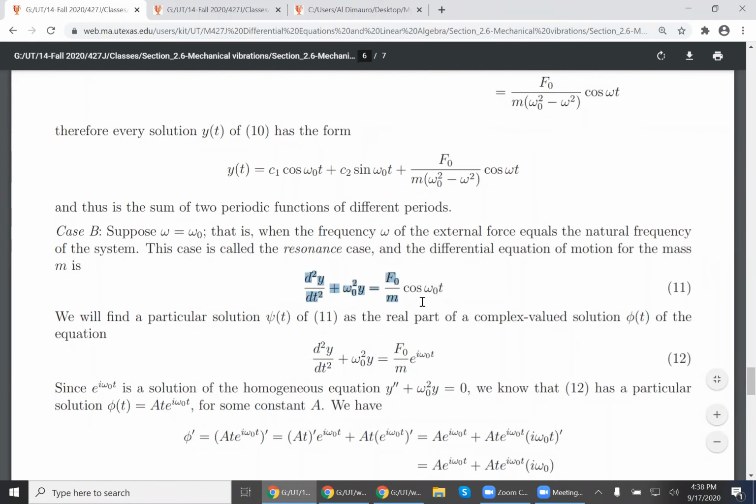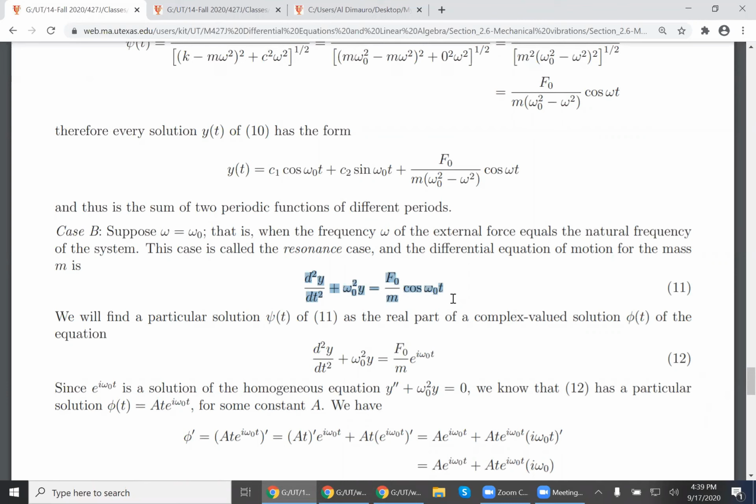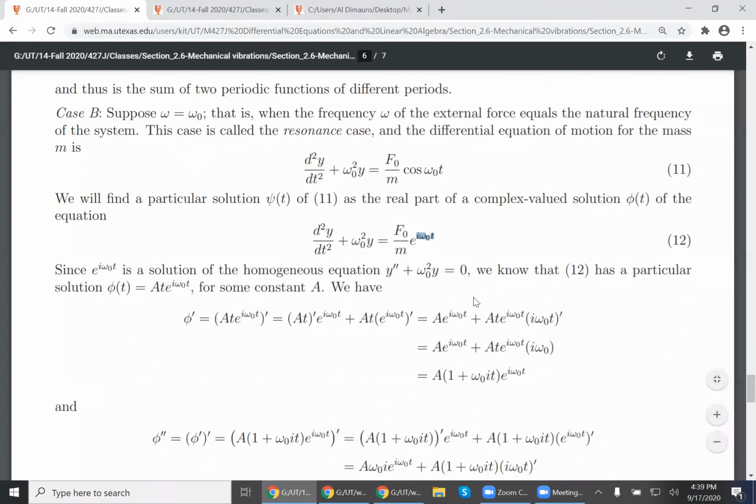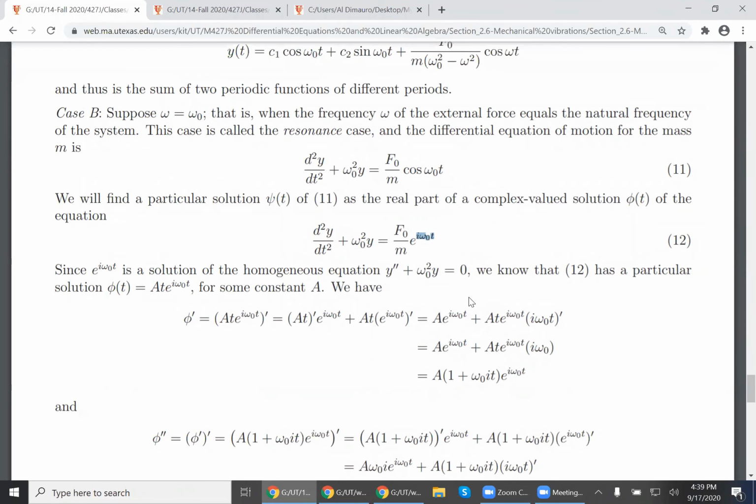Now, in order to find a particular solution of this, we use section 2.5, part 3. In part 3, we replace cosine by e to the power i times this. Done. Then, if we write down the corresponding characteristic polynomial, this characteristic polynomial is r square plus omega 0 square equal to 0.